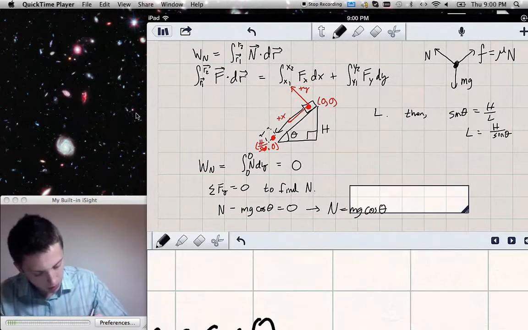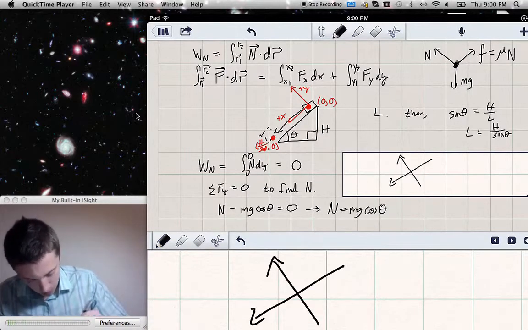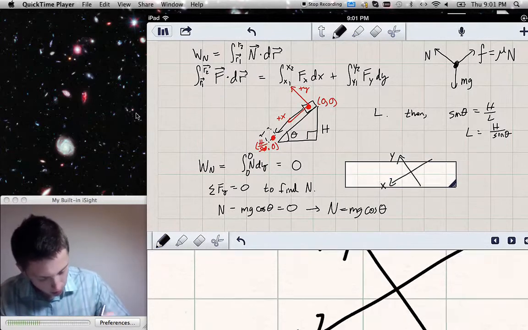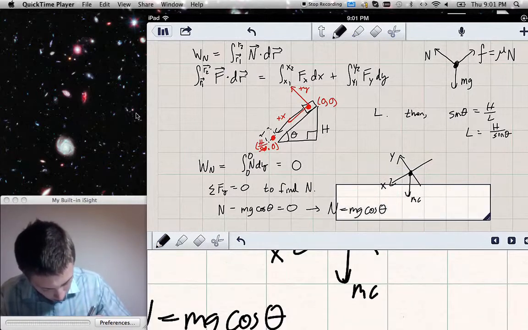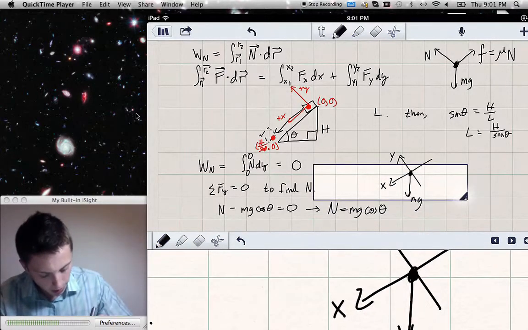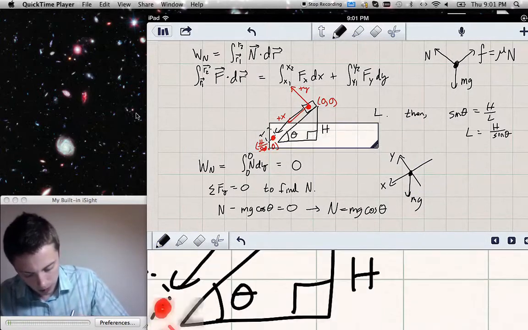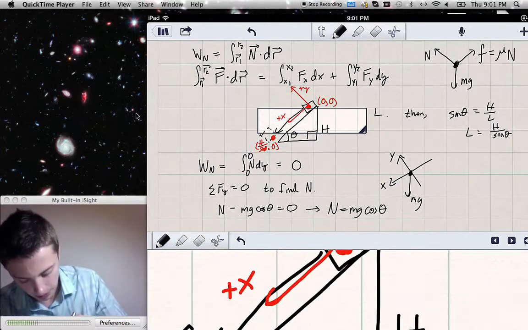So just real briefly, how do I know that the y component of mg is mg cosine theta? We draw a coordinate system, xy, step 1. Step 2, draw the vector that you're breaking into components, mg. And next, drag over the angle from the picture to the coordinate system. Well, this angle theta is defined between a horizontal line and the positive x-axis.